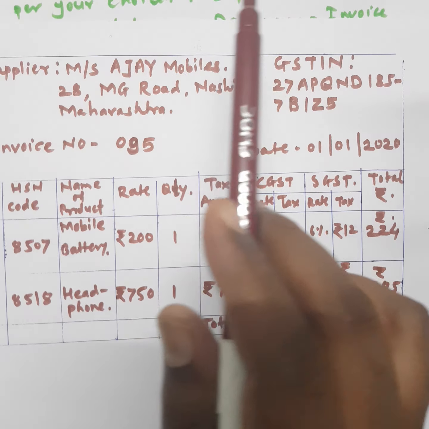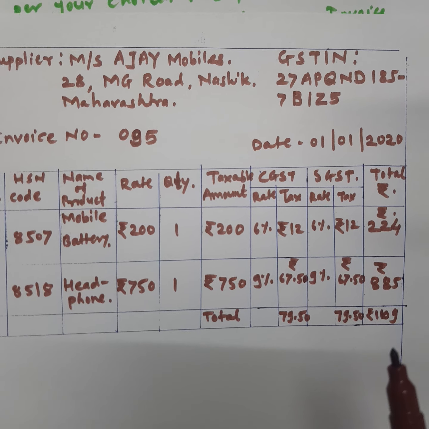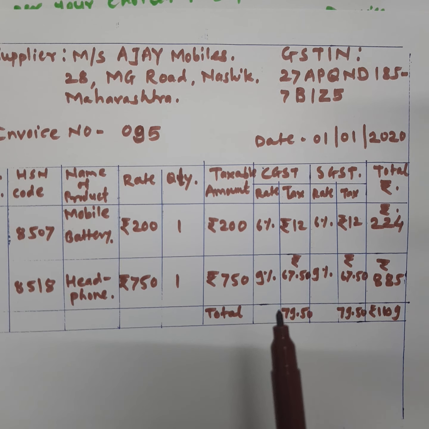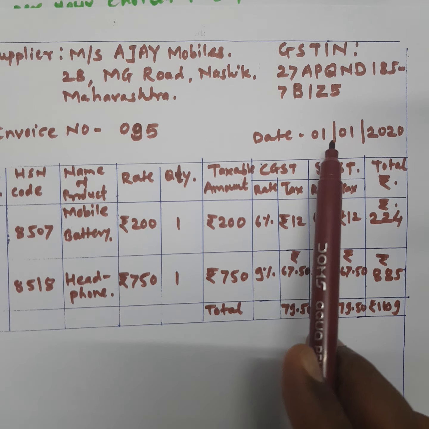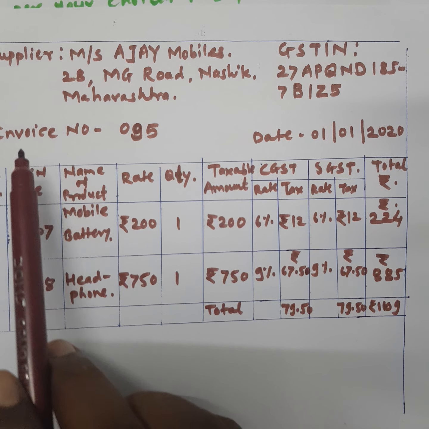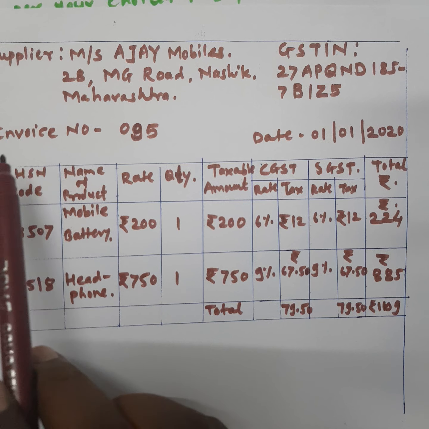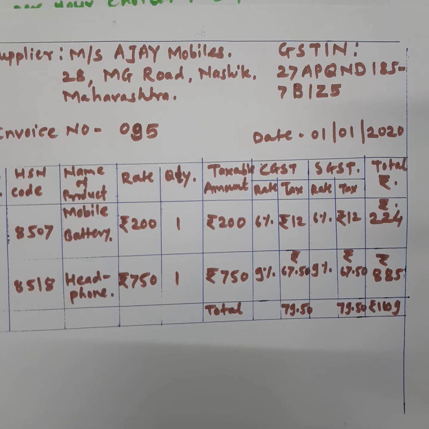It was B2C, that is business to customer type of tax invoice. If you are asked to prepare a B2B tax invoice, then you have to mention the name of supplier, his GSTIN, invoice number, date. All points are the same, but after this you have to add the name of the recipient, that is the party or dealer which purchases the goods from the supplier.